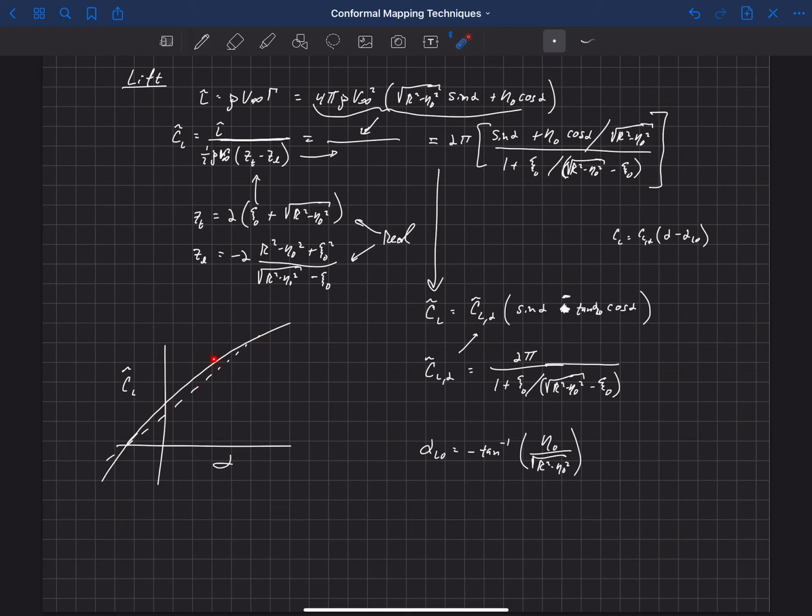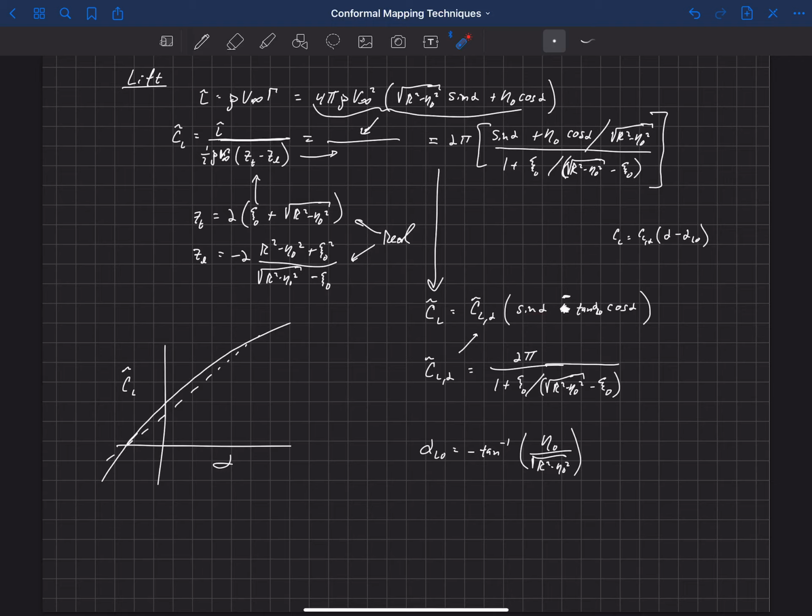I'm exaggerating the curvature here, but the idea is that this is a function of sine alpha, not just directly proportional to alpha. So this lift slope out front is really just the lift slope at small angles of attack, where alpha is close to 0.